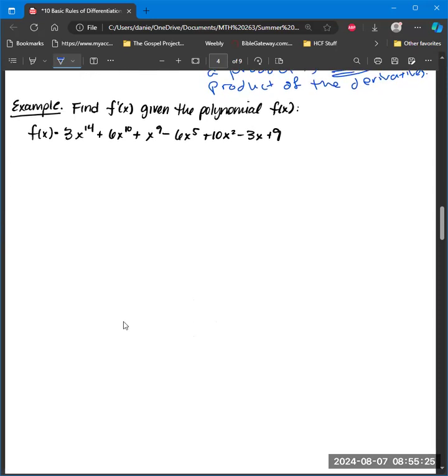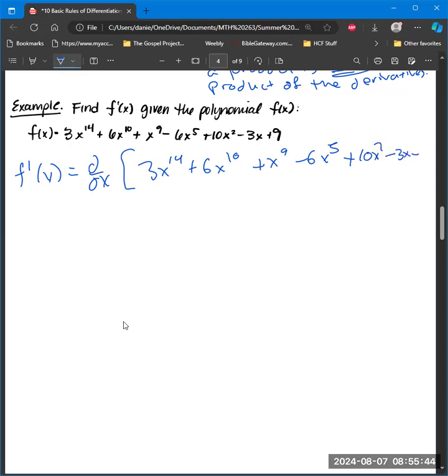So let's go ahead here and say that if we want to find f prime of x, that's going to be the derivative with respect to x of all of this stuff. And then we're going to take the derivative with respect to x of each individual term. Remember, terms are separated by plus and minus signs.